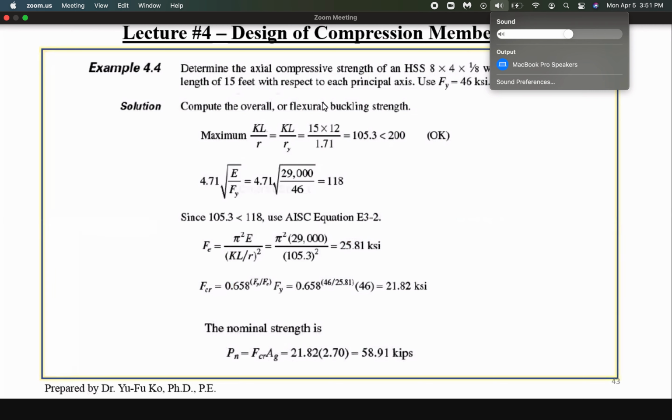This value you can check from part 1 of the manual, and you will see the number is 1.71. Another value is rx. That number is bigger than ry, so you use the smaller value to get the maximum slenderness ratio. With that calculated, you got 105. Less than 200, that's the max.